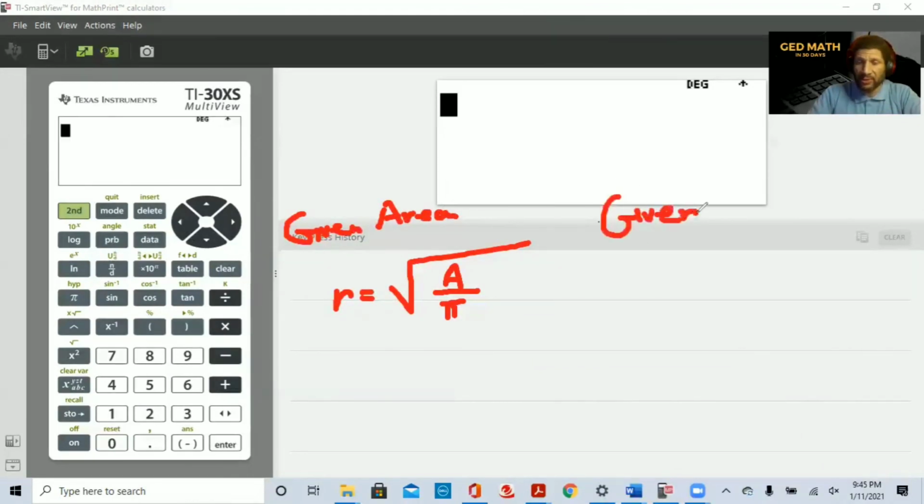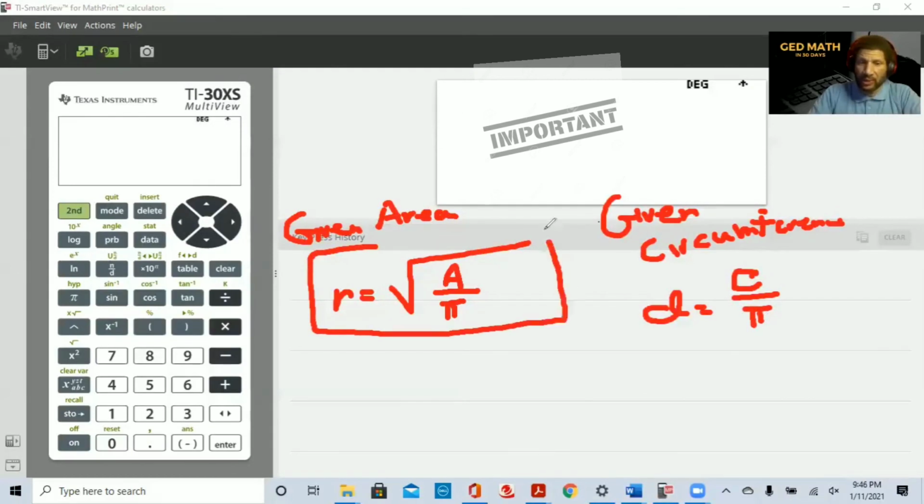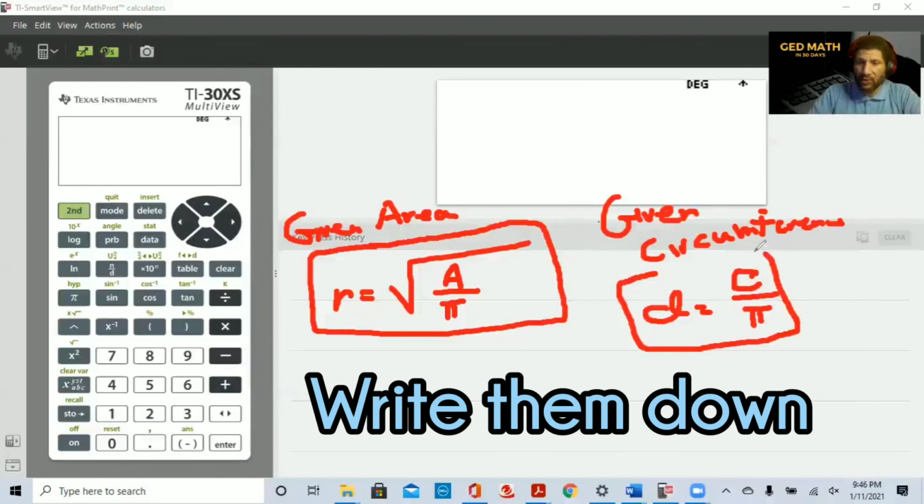If we're given the circumference, to solve for D, we're going to use D equals circumference divided by pi. So these are the two formulas that I would recommend you committing to memory. It will take a 3 to 4 minute problem into a minute problem.